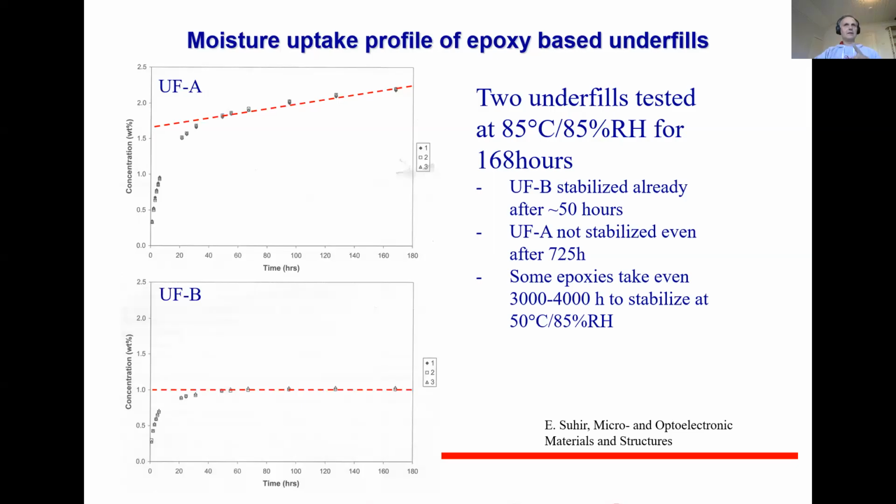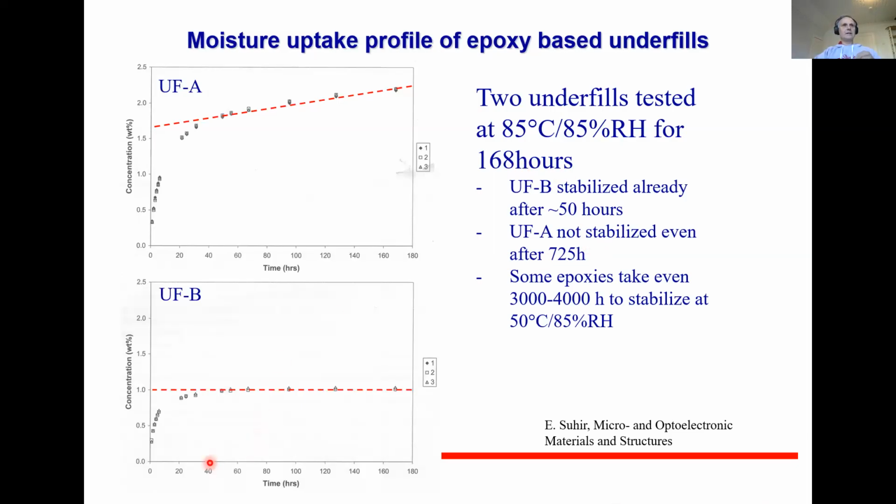Nothing is condensing on the surface because the relative humidity is well below 100%. So the driving force is just diffusion. You have more water molecules in the ambient and fewer water molecules in the polymer, and then there's a driving force for the water molecules to diffuse in.